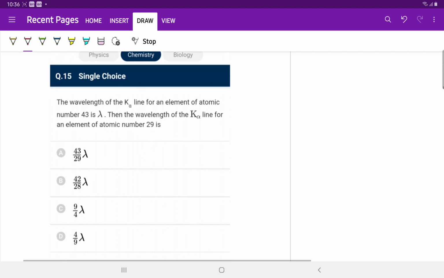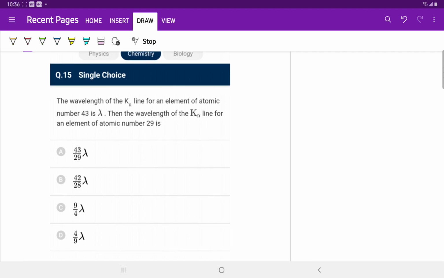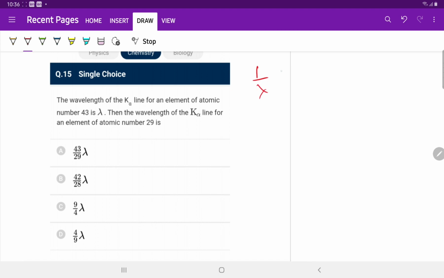Question number 15. The wavelength of the K line for an element of atomic number 43 is lambda, then the wavelength of K alpha line for an element of atomic number 29 is? We know very well that 1 upon lambda is directly proportional to (atomic number minus 1) square. So 1 upon lambda is proportional to (43 minus 1) square, and 1 upon lambda 1 is proportional to (29 minus 1) square.